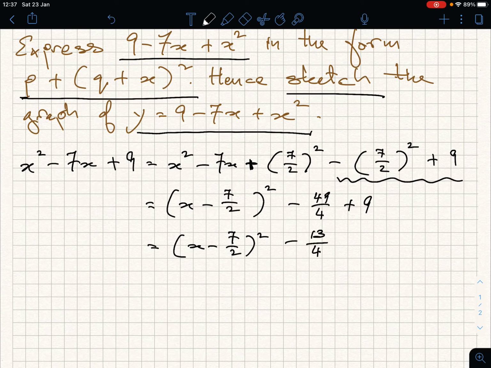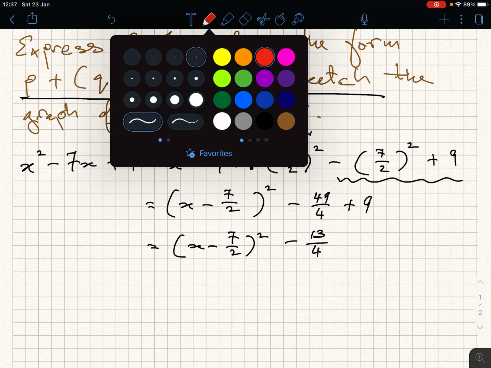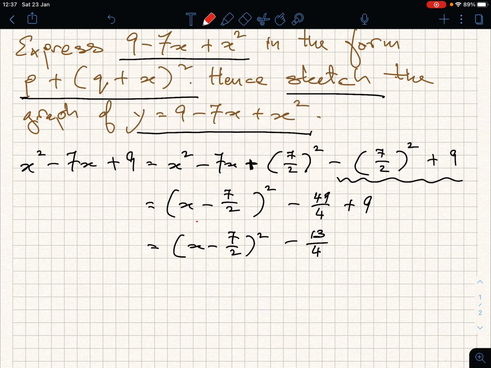Some students will ask why this is negative, why not positive. Do not be afraid. Just because the question has a positive here doesn't mean your answer also has positive, because this one is negative. Remember the quadratic expression a squared minus 2ab plus b squared gives a minus b, bracket squared.